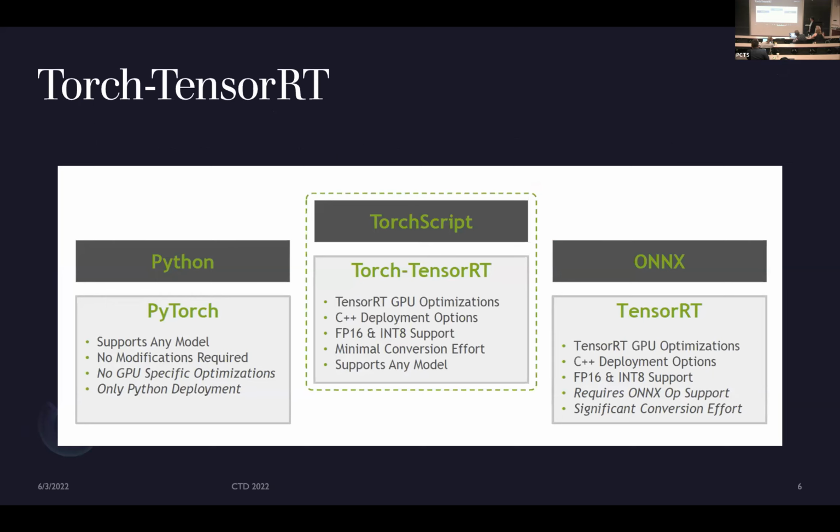They also have this tool called Torch-TensorRT that can convert Python models to TensorRT, converting only the possible parts, and then you can fall back on PyTorch to run the parts that cannot be converted.